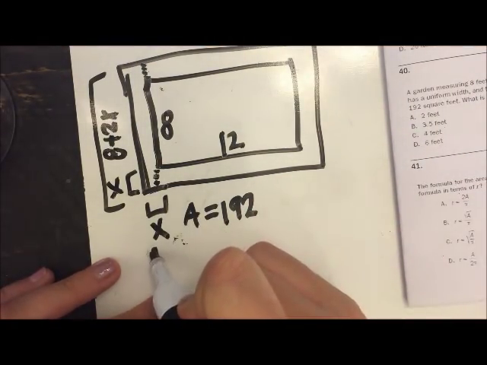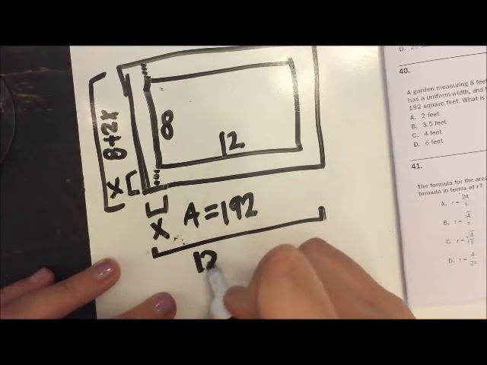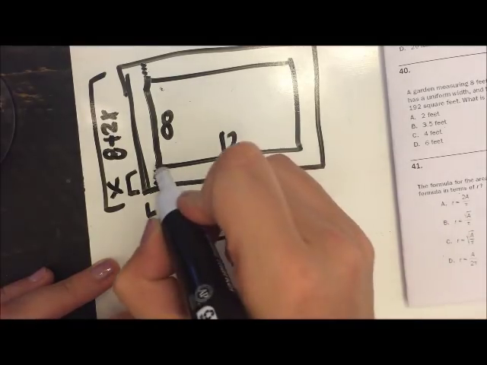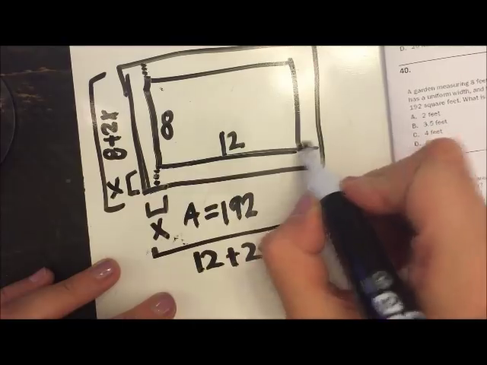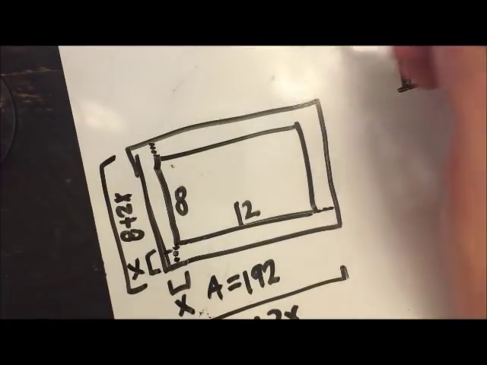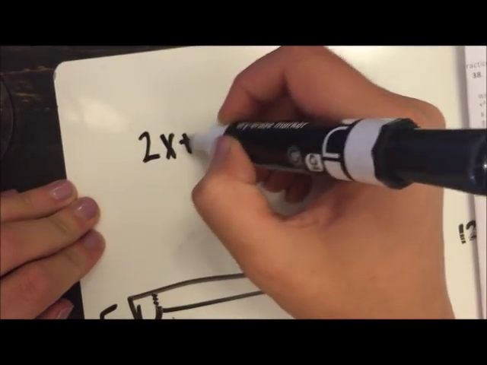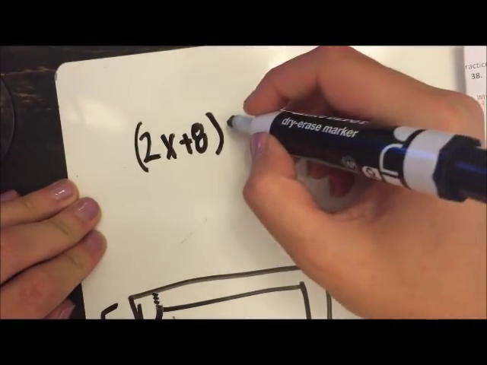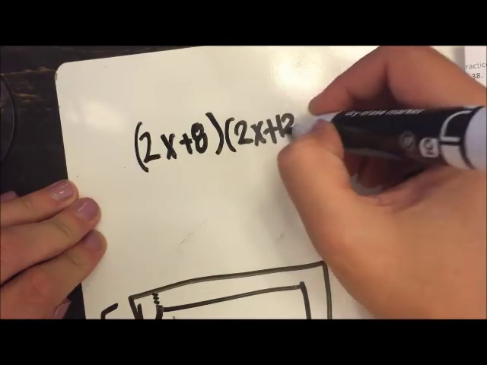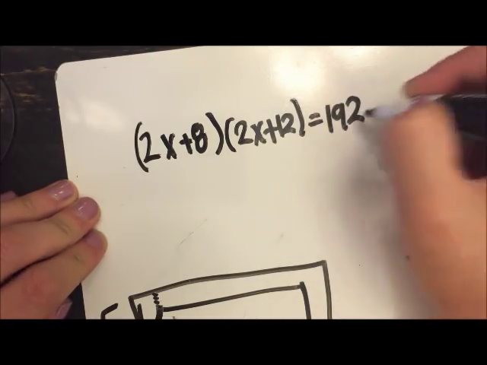And then I'm going to give this a dimension of 12 plus 2x. So this 12, and then this x and this x. So what I know is that when I multiply 2x plus 8 by 2x plus 12, I'm going to get 192 square feet.